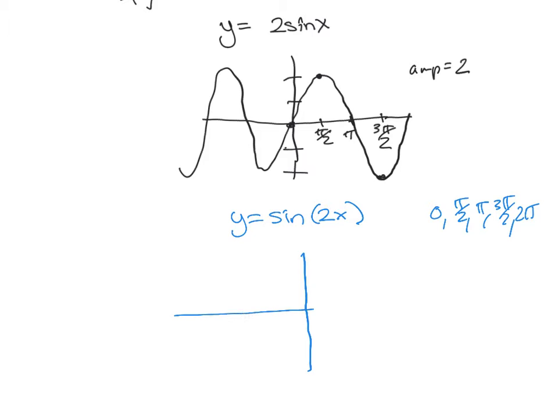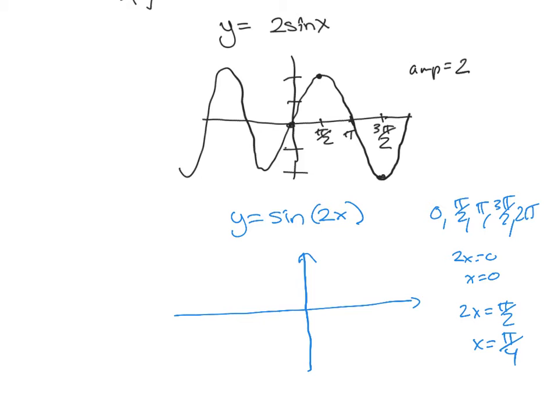We're going to think about, what do I have to put in for x so that I'm actually taking the sine of 0? Well, in this case, you'd still put in 0. But what about for pi over 2? Instead of putting in pi over 2, in order to take the sine of pi over 2, I'd actually be putting in pi over 4.